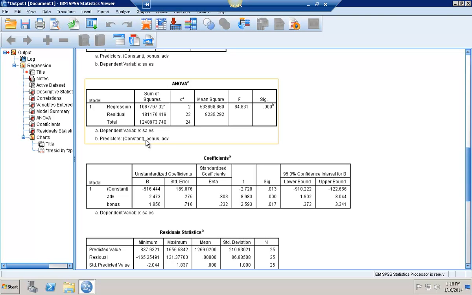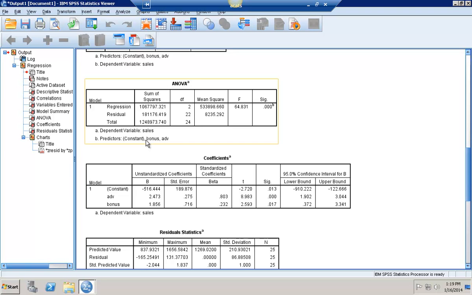So since bonus is in hundreds and sales is in thousands, I would say for every $100 increase in bonus, sales are predicted to increase by $1,856, holding everything else constant, or ceteris paribus. In other words, the everything else is holding advertising constant.